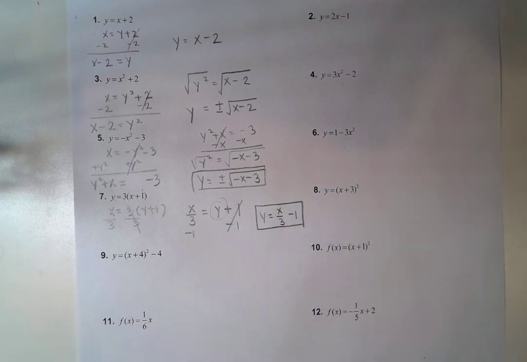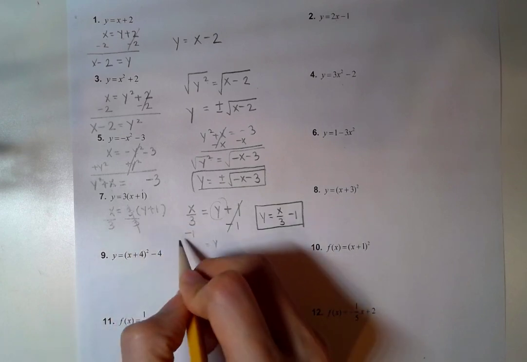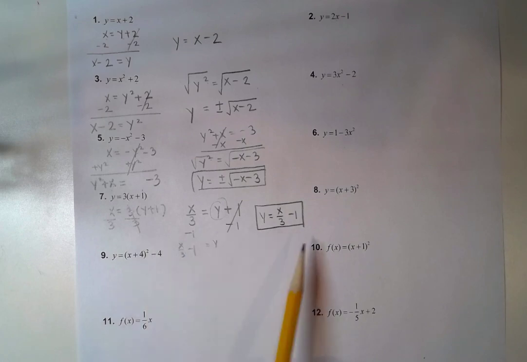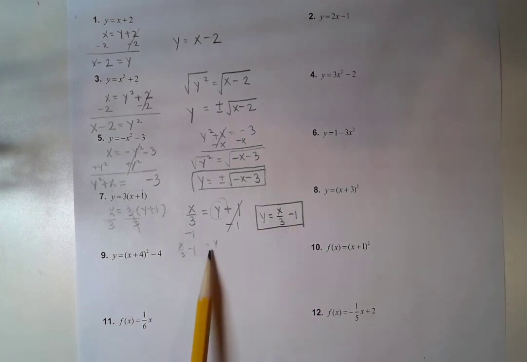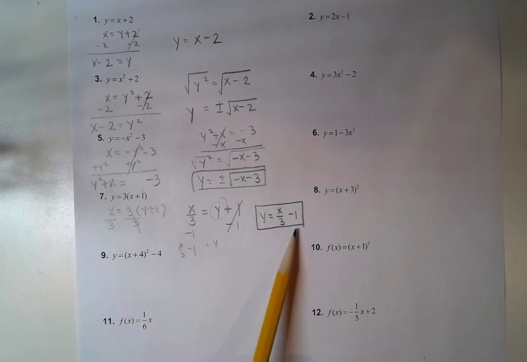So I'm done, right? So when you combine this, then you get y, and then on the left side you get x over 3 minus 1. But I told you we write y first. You don't have to, but this is pretty for me. So just do it for me, alright? And normally we write y on the left side. So y equals x over 3 minus 1.